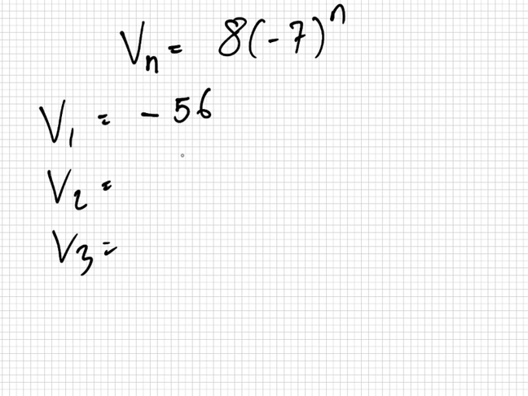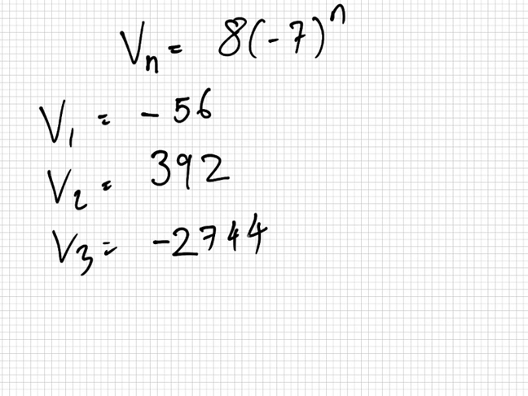So what's the first term? Minus 56. The second term? 392. And then the third term? Minus 2744. Okay?